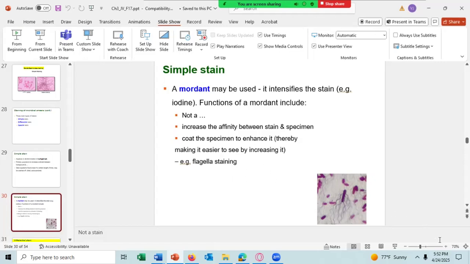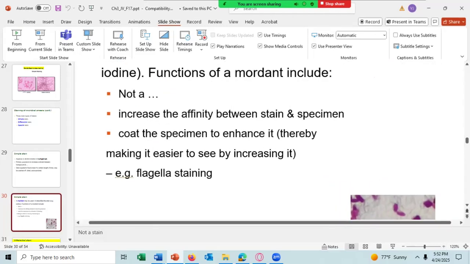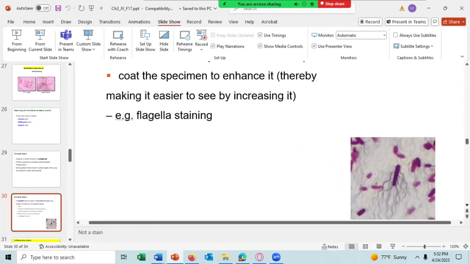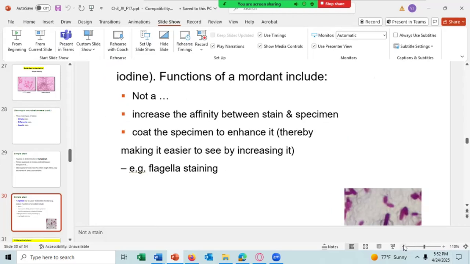The mordant, let me blow this up, coats the flagella many times, allowing us to see the flagella under the flagella stain.